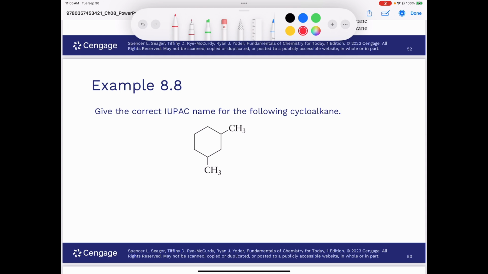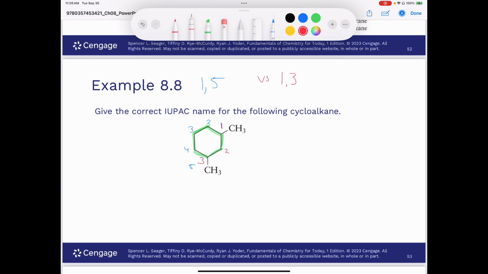Let's see if we can name this cycloalkane. You can see that it is a cyclohexane because we have six carbons in the ring. We have two methyl groups, so we're going to start here: 1, 2, 3. We want to give them the lowest possible number, so we wouldn't go 1, 2, 3, 4, 5, because then we'd have 1 and 5 versus 1 and 3.